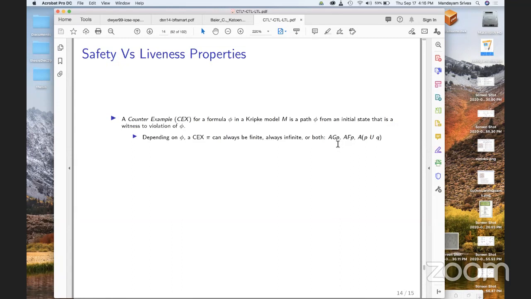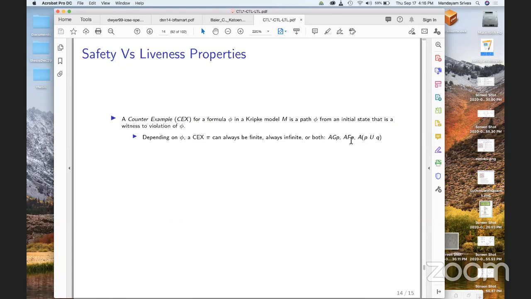Whereas for AF of P, which requires that P should eventually hold good, if P is not true up to now, you can always extend the path to make P become true, and you can keep on extending it.